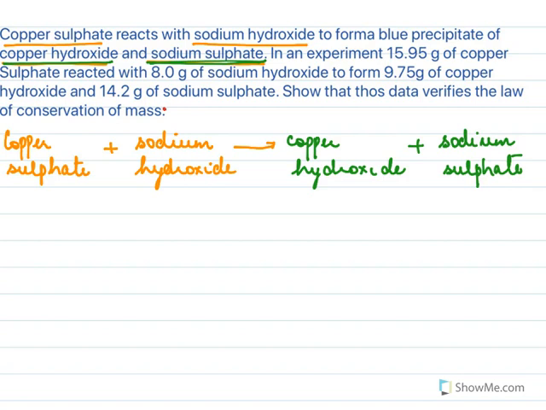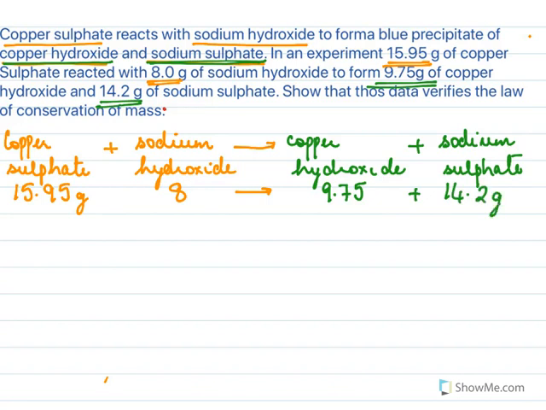Put in the weight. They said in the experiment 15.95 gram of copper sulfate react with 8 gram of sodium hydroxide to give 9.75 gram of copper hydroxide and 14.2 gram of sodium sulfate.